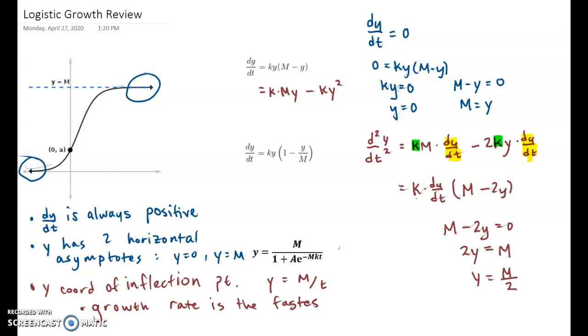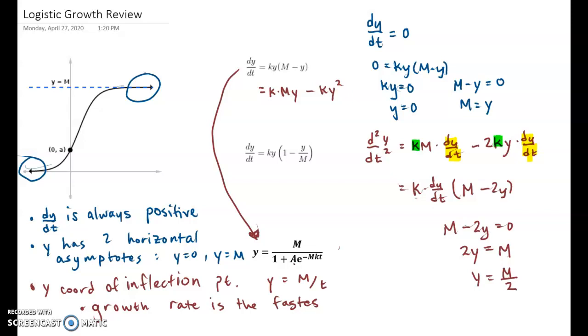Oh, I said one more thing. In the logistic growth equation, the y equals equation, the one thing that doesn't come straight from the differential equation, so you can't fill it in exactly, is this capital A. That's a constant that will change depending on your initial population.